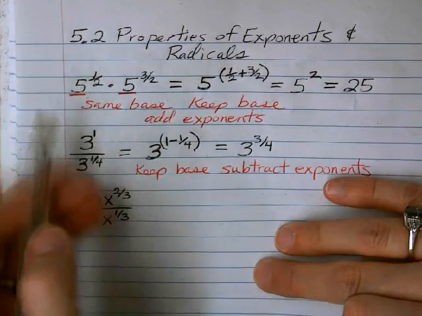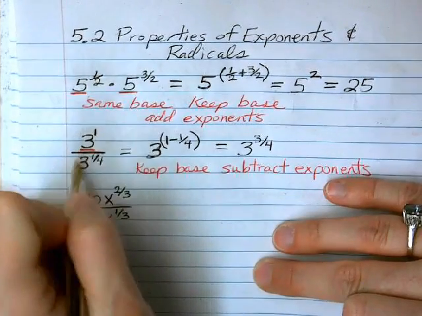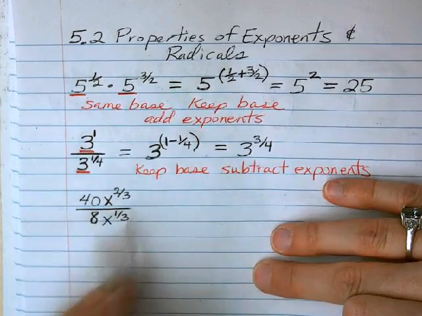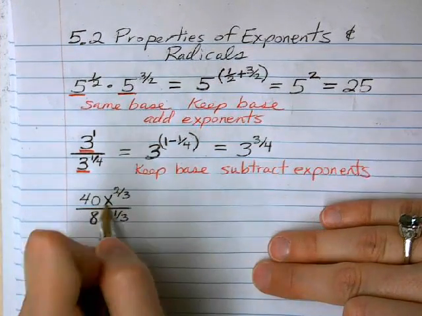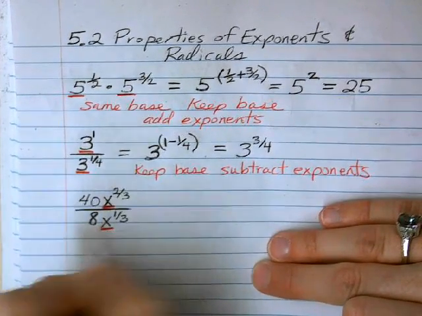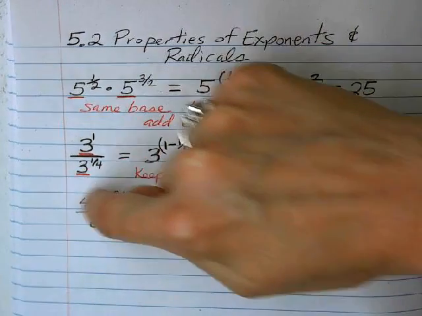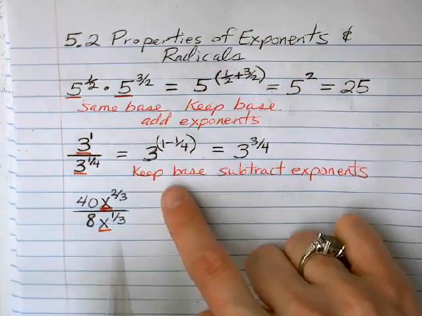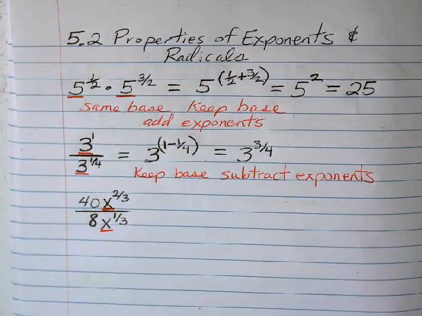The base in the first one was 5. In the second problem, the base was the 3. What's the base in this problem? Yeah, the x. So I'm trying to explain that the problem I'm giving you this time is a little different because I put some numbers in front, but those numbers in front aren't the base. The numbers in front are called coefficients.